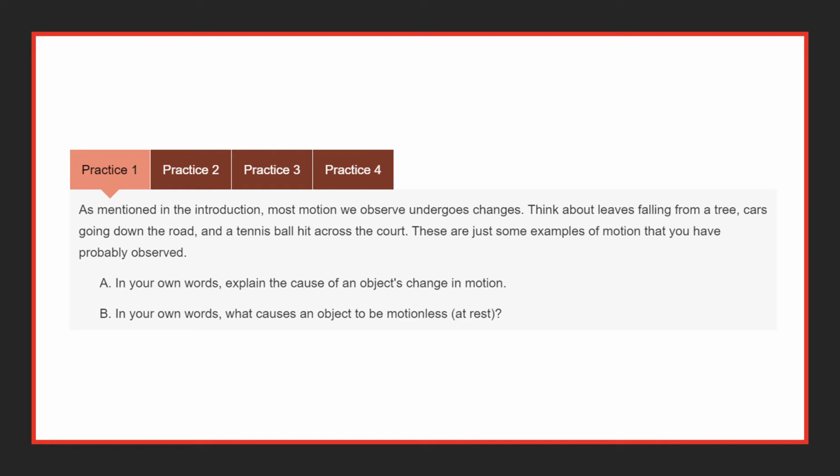Like, let's imagine your cell phone right now. Your cell phone might be on the table, but it is not moving. So how is it possible that there are forces acting upon it? Well, remember that since we are on Earth, we have gravity all around. So gravity is actually pulling your cell phone down. But there is another force that is pushing the object up, which is the force created by the table where it is.